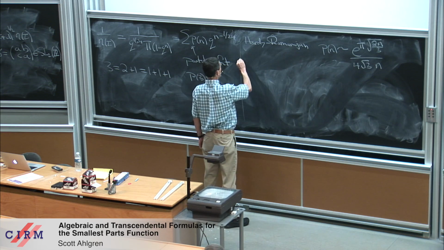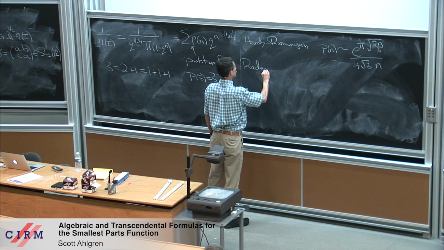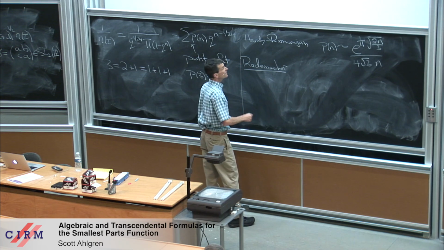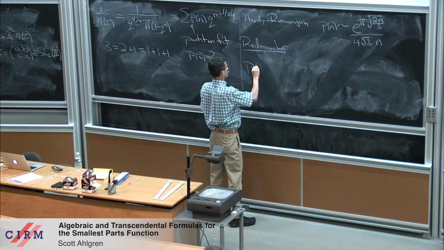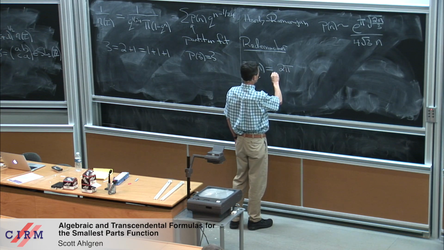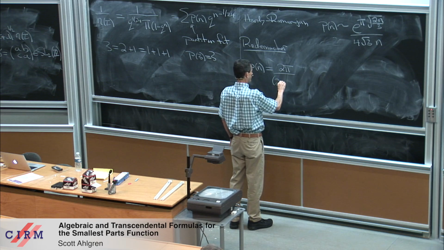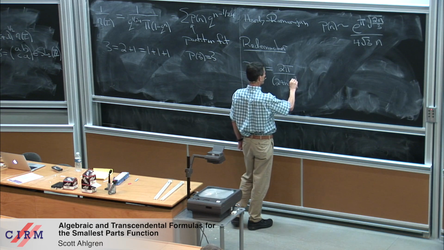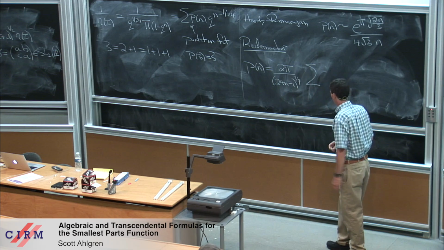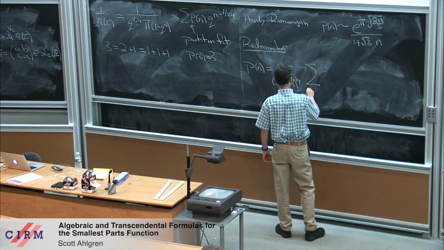I'll write that down. Rademacher proved that p of n is given exactly by 2 pi divided by (24n minus 1) to the 3/4, and then an infinite sum of things which I will define in a second, but I'll write them down first.